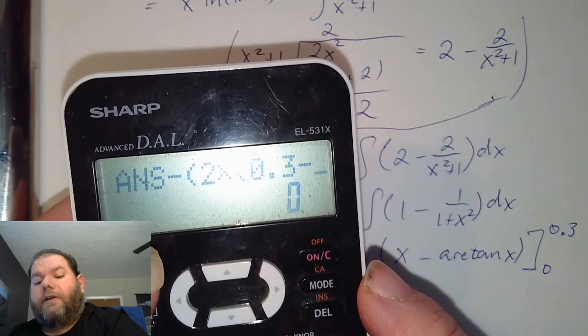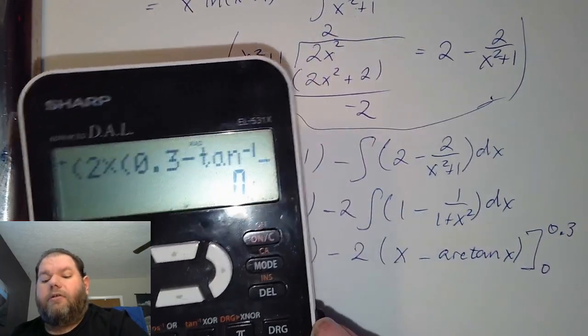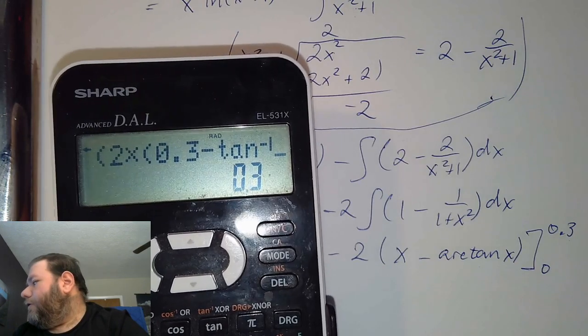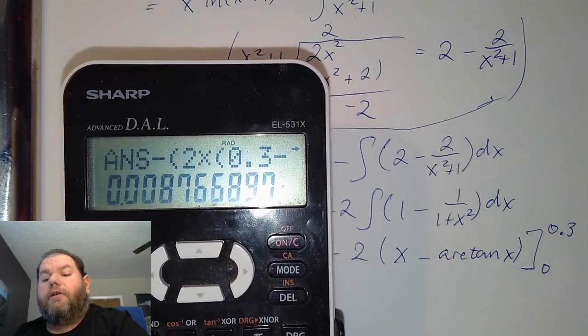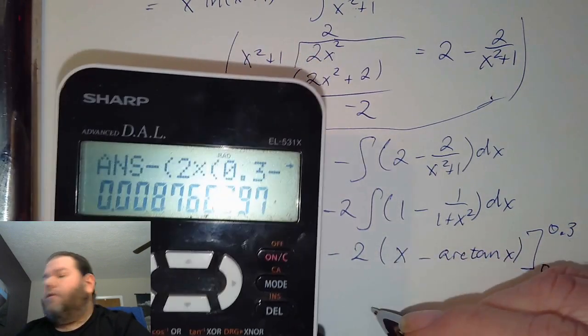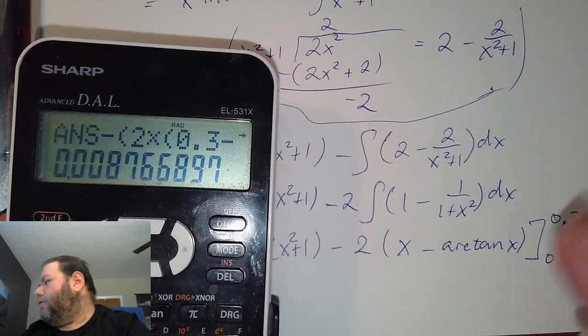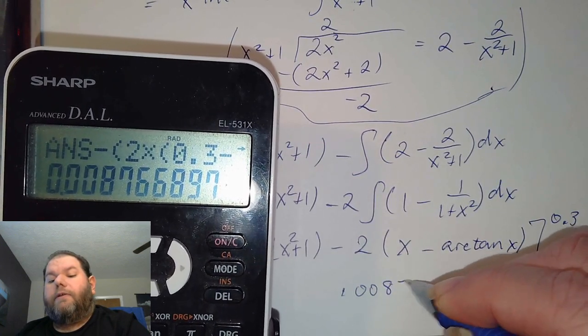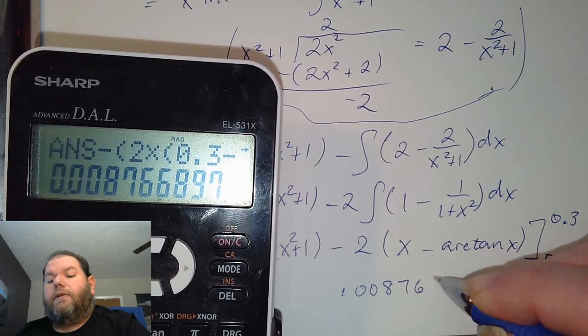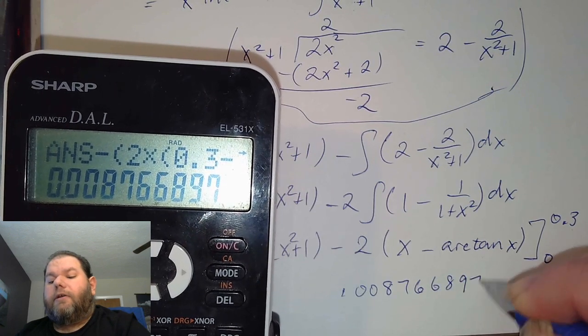Arctangent will be second tangent, 0.3. Close both parentheses, and there's our result. 0.0087668897.